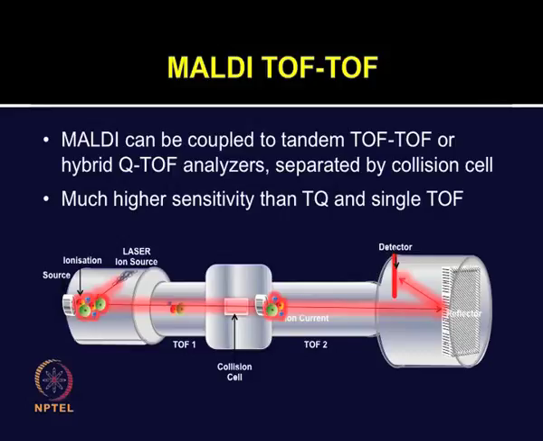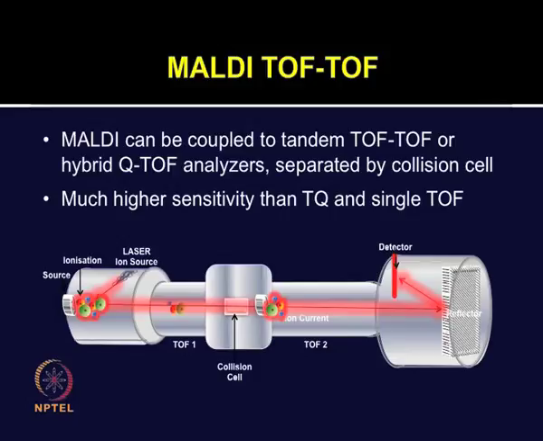MALDI-TOF is one of the widely used tandem MS configurations. In this one, the TOF or two time of flight tubes as well as hybrid quadrupole time of flight analyzers can be used.